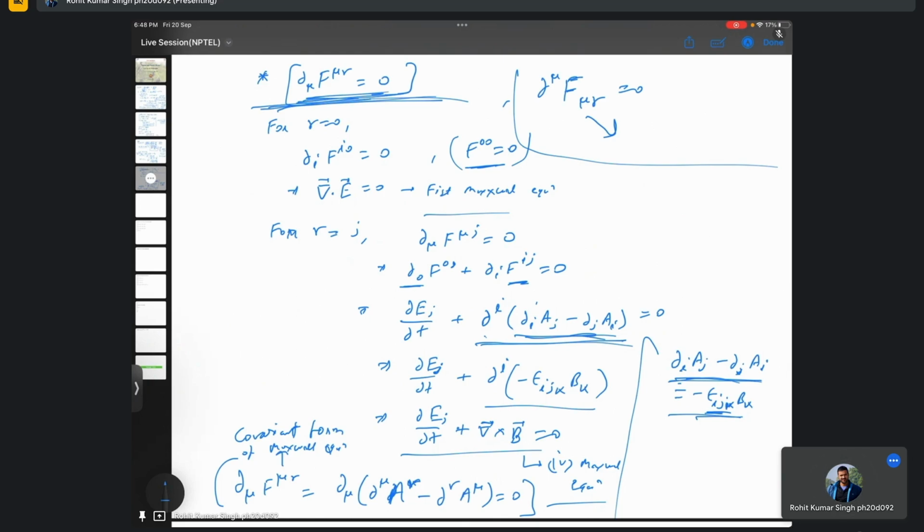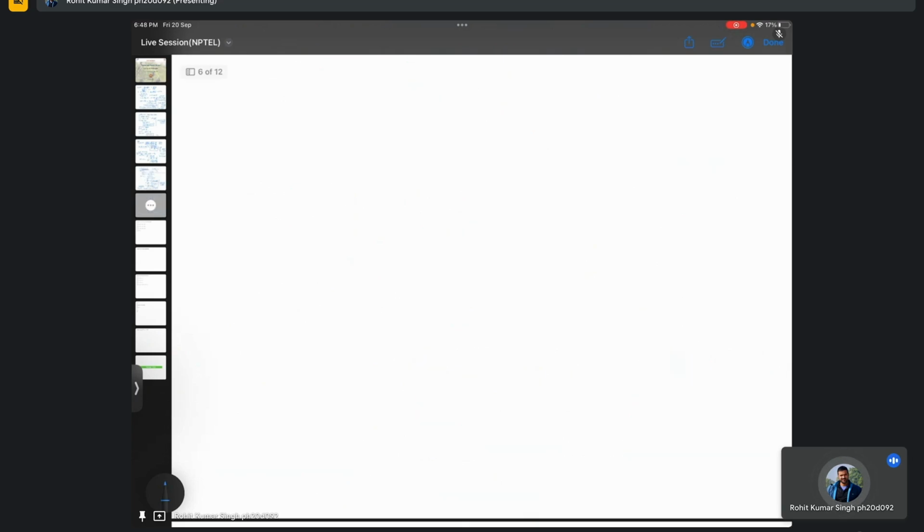Okay, and from here you can also see that you can get the gauge invariance very easily, writing the Maxwell equations in this form.